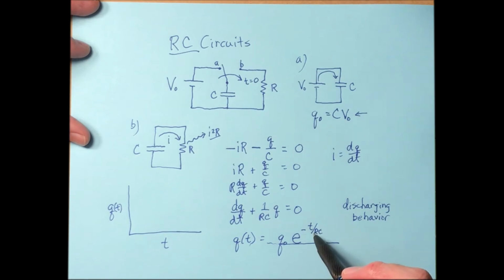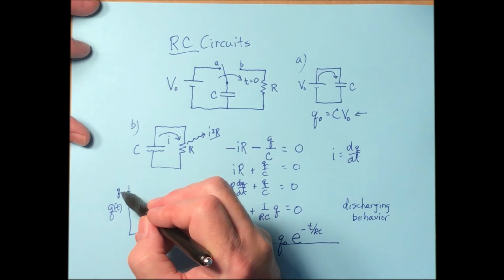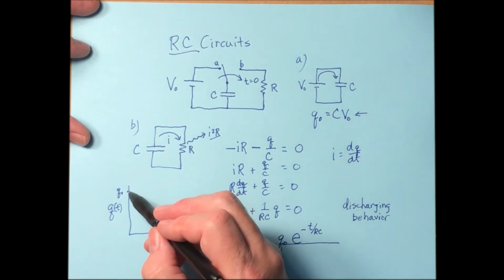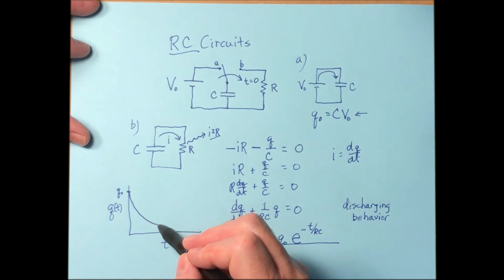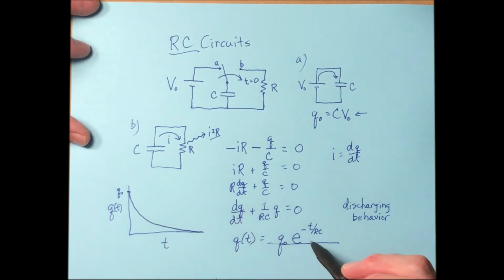Anything raised to the 0 power is 1, so that becomes 1. So at t equals 0, Q is just Q naught. So let's say that right there represents the value Q naught. Then as time goes by, this thing decays. This is the nature of a decaying exponential. It decays down like this, and over time it reaches 0 in the limit. Okay, so it falls off as the decaying exponential here.